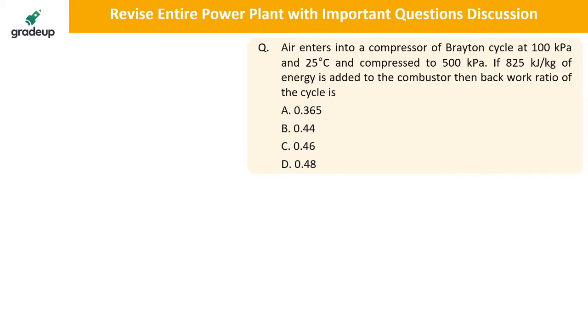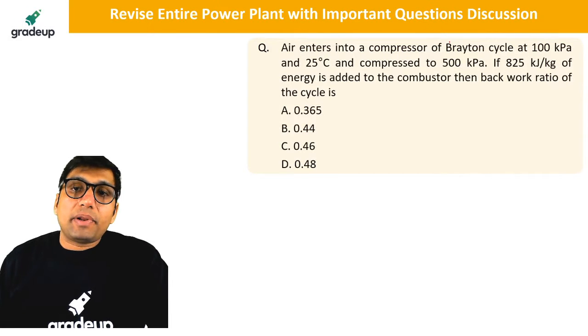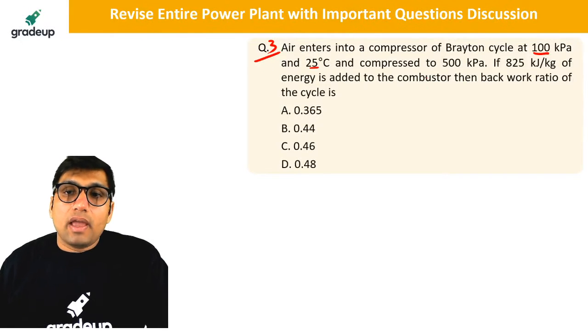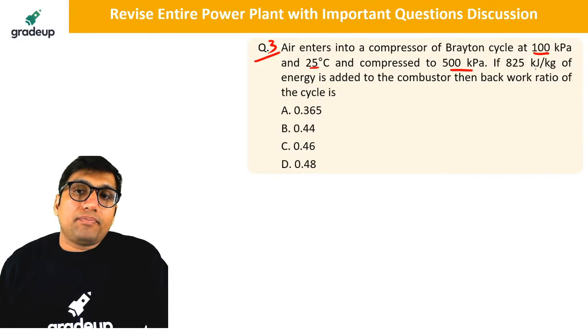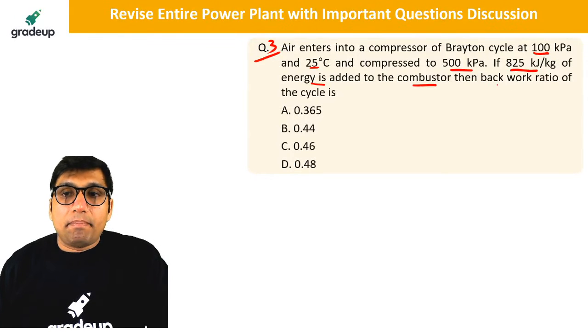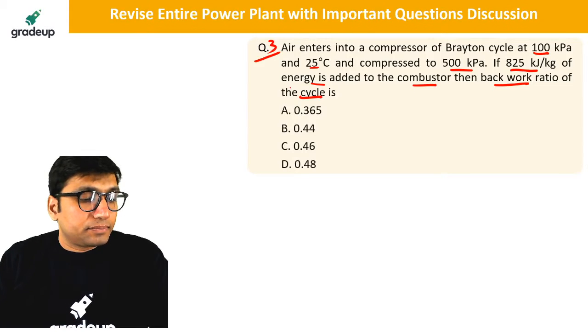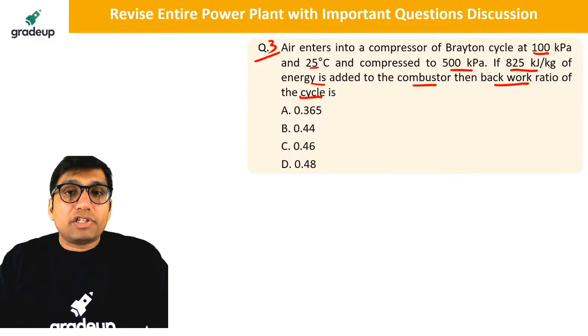Next question. Air enters a compressor of a Brayton cycle at 100 kilopascal and 25 degrees Celsius and is compressed to 500 kilopascal. If 825 kilojoule per kg of energy is added in the combustor, then the back work ratio of the cycle will be. You have to find the back work ratio in this question.